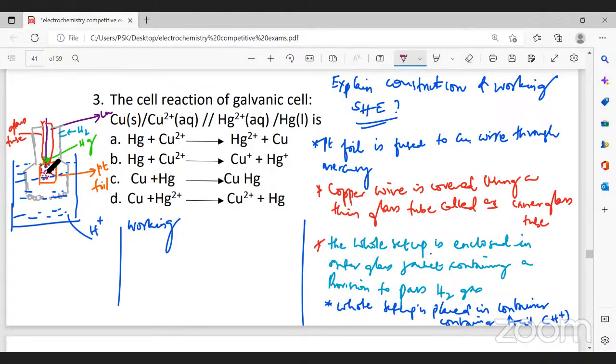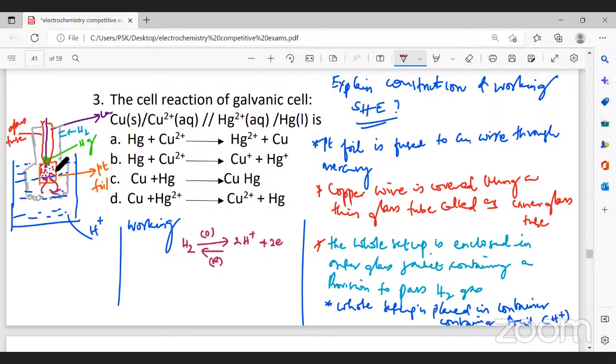Hydrogen gas adsorbed on platinum foil can undergo oxidation to form H+ ions, giving 2 electrons, or the H+ ions present in the acid can undergo reduction and get deposited on platinum foil. Two reactions are taking place.